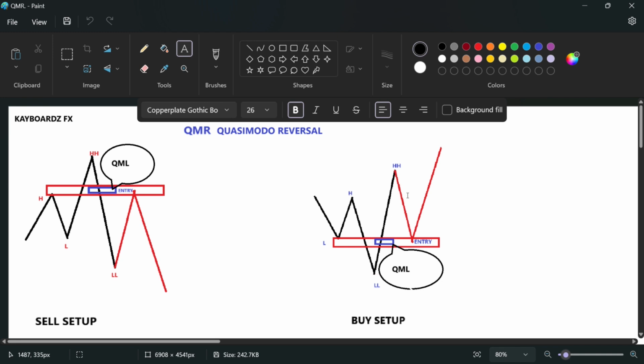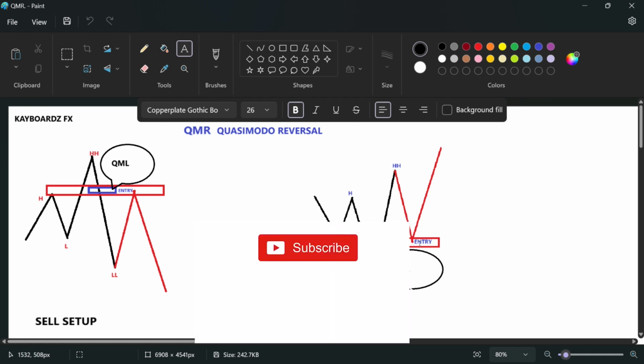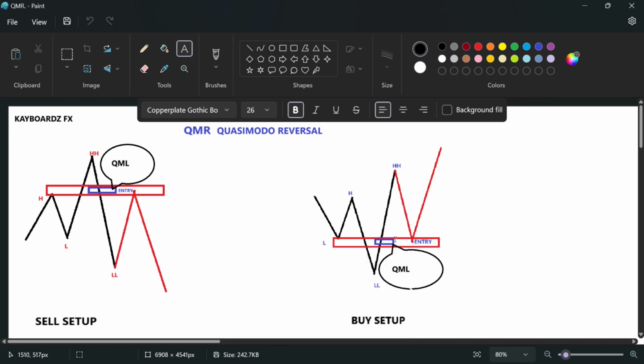If there's a demand or a supply zone at your entry point, then that is your QML. The structure itself is QM reversal, that's Quasimodo reversal. So this is for the buy setup, this is for the sell setup. Now, I guess you guys already understand the structure.